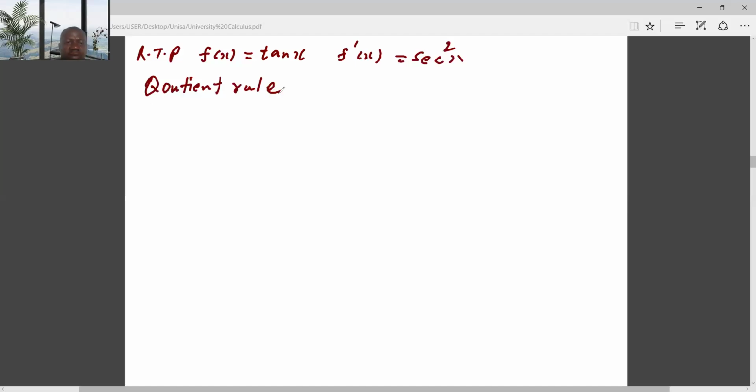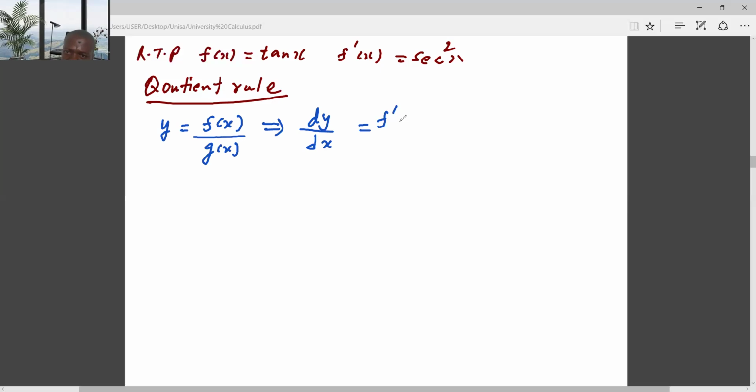All right, let me remind you about the quotient rule. According to the quotient rule, when you have y equals f of x over g of x, a quotient because it's a fraction, then the derivative of y with respect to x is: you differentiate your numerator, f prime, times you leave your denominator g, minus you leave the numerator f, times you differentiate the denominator g, then everything divided by g of x, all squared.